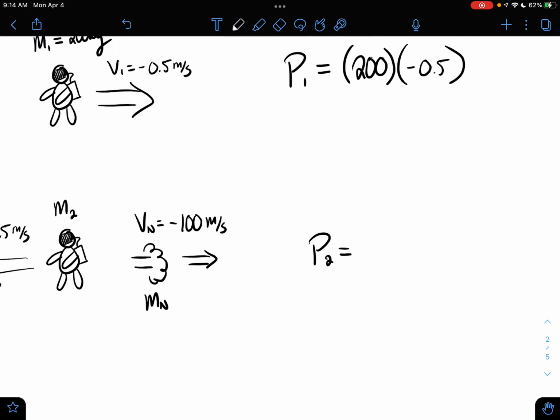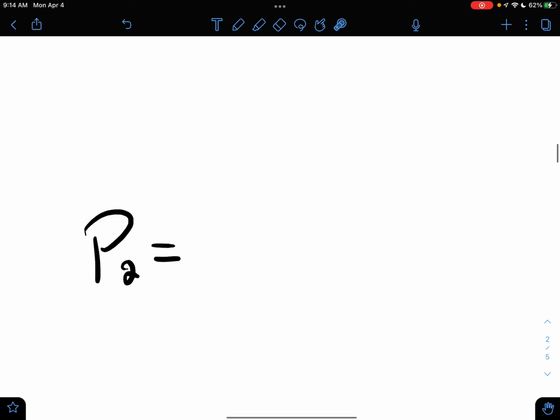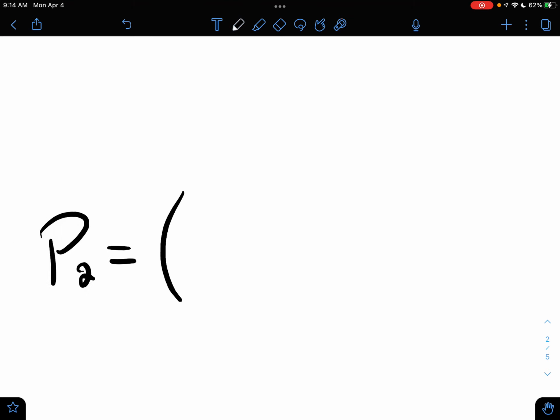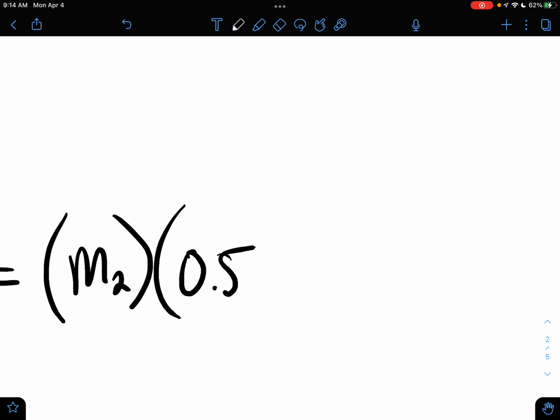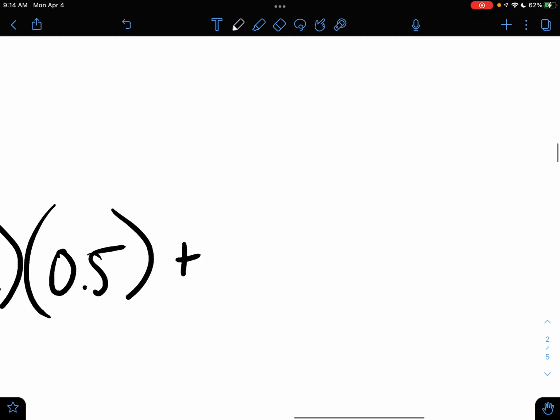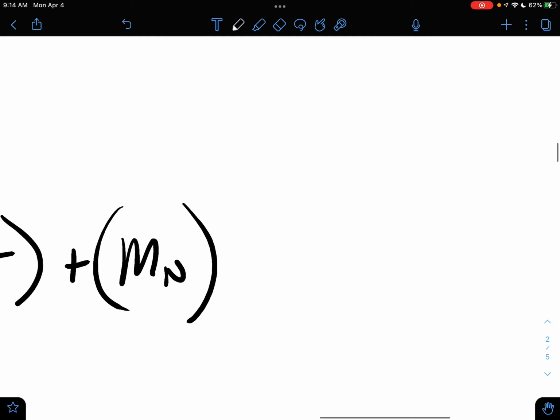Our final momentum of the system is going to be the momentum of this astronaut without the nitrogen plus the momentum of the nitrogen without the astronaut. So M2 times our positive 0.5 plus Mn, our mass of the nitrogen, times our negative 100.